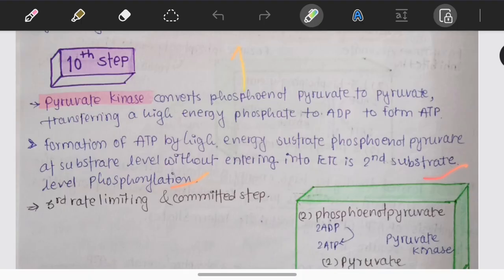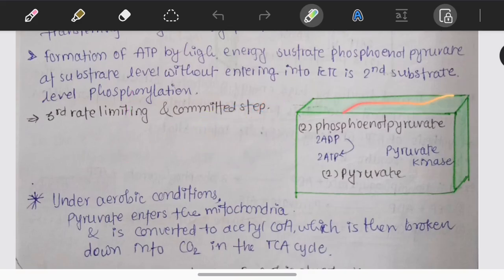The first substrate level phosphorylation is in the 7th step and the second in the 10th step. It is the third rate limiting committing step: steps 1, 3 and 10 are the first, second and third rate limiting steps.